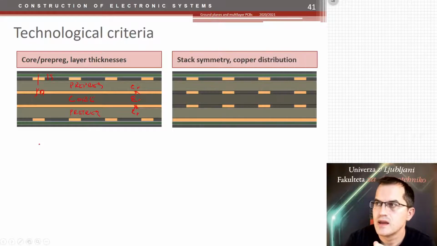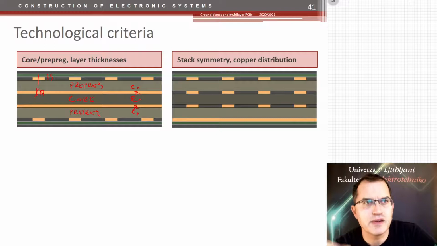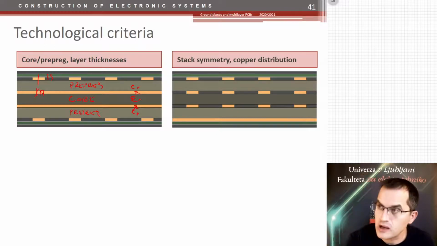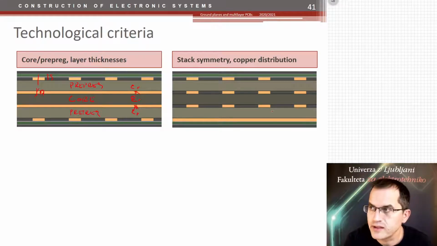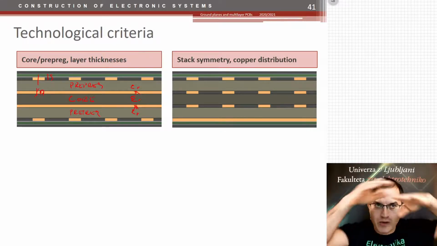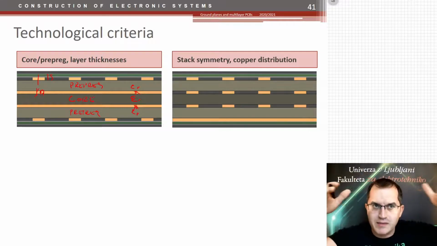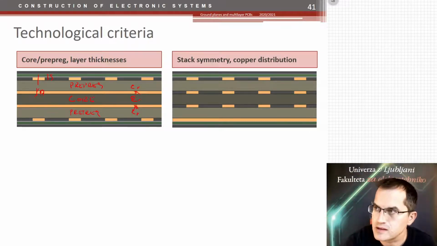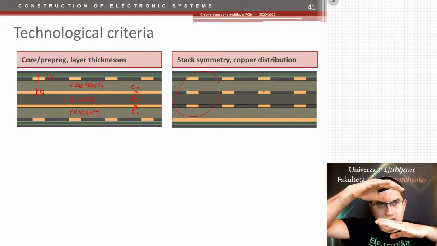What else? If you have a highly unsymmetrical stack, for example, one big ground plane and then no ground planes anywhere else, the PCB can bend during the production. So you have an uneven, bent PCB. And the other thing is, if you have a multiple layer PCB, and there will be a lot of copper on one side and less on the other, when you press it, the thickness would be uneven.